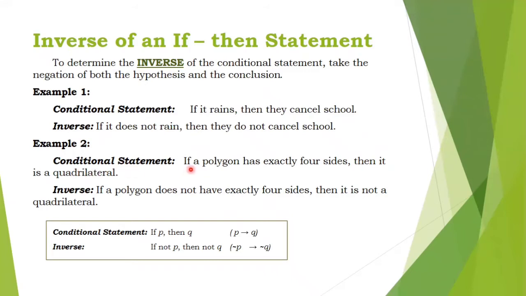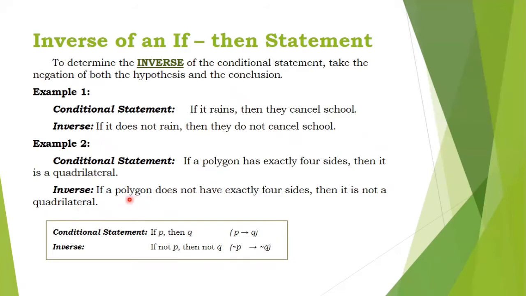Given the conditional statement, if a polygon has exactly 4 sides, then it is a quadrilateral. So, how will you write the inverse? We're going to get the negation of the hypothesis and the negation of the conclusion. Okay, the inverse will be, if a polygon does not have exactly 4 sides, then it is not a quadrilateral.